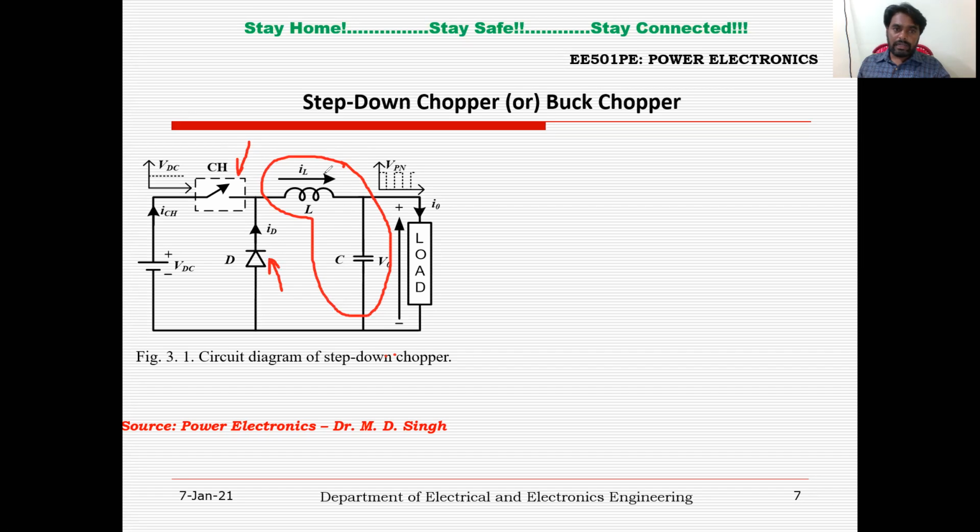To reduce the current ripple, an inductor is used. To reduce the voltage ripple, the capacitor is connected across the load. They behave like filtering components and filter out the harmonics in the current as well as the voltage, right? So this is the equivalent circuit for the step down chopper.